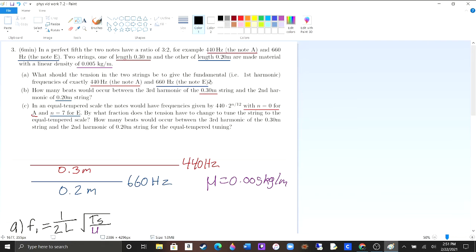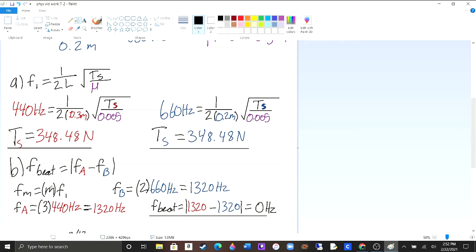So the third harmonic of the 0.3 meter long string, that's for the note with 440 hertz, we multiply by 3, and we get 1,320 hertz. We multiply the frequency of the other string by 2, and that also gives us 1,320 hertz.